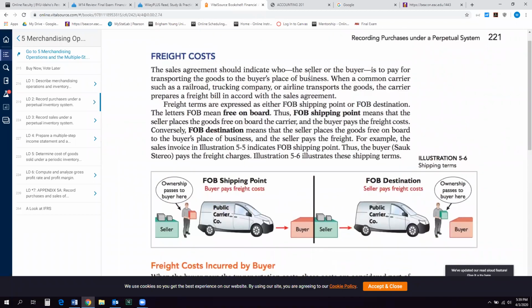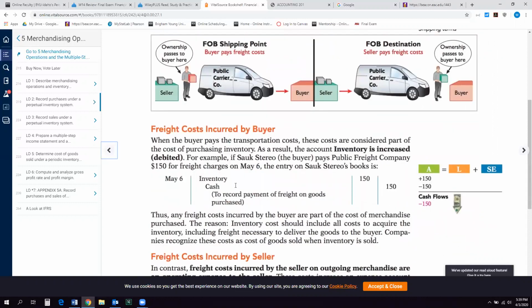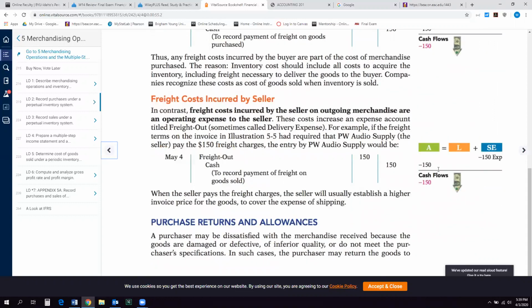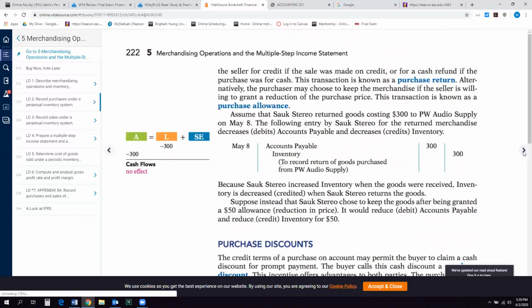So for example, they give here the freight costs. So we know that when we purchase something and we pay the freight costs, what we're going to do is we're going to debit those right to our inventory account anytime we do that. And then our purchase returns and allowances, again, when we return something, we're going to credit that right to the inventory account.